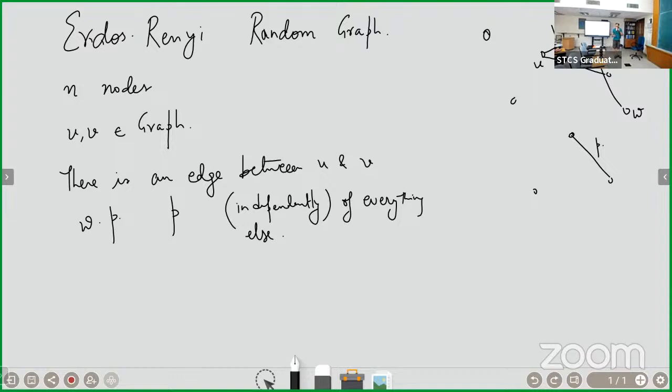Relating to this, we could also ask, given 2 vertices, how many hops it takes to reach the other. That's called the diameter. So what is called the diameter of the graph? Let's suppose there is a path between U and V. Let's call it d of U comma V, the number of edges of the shortest path.